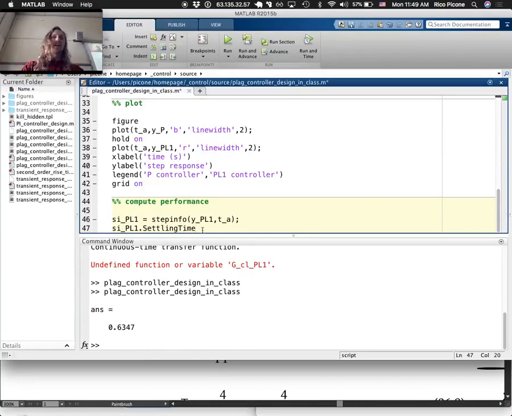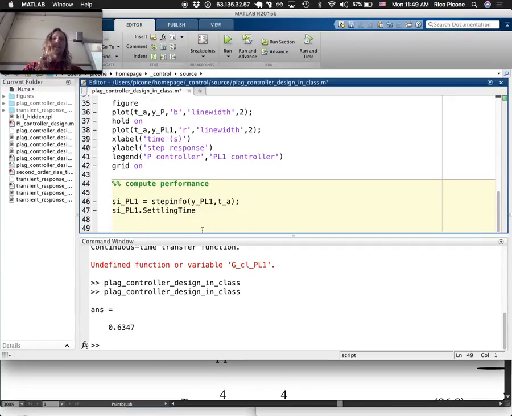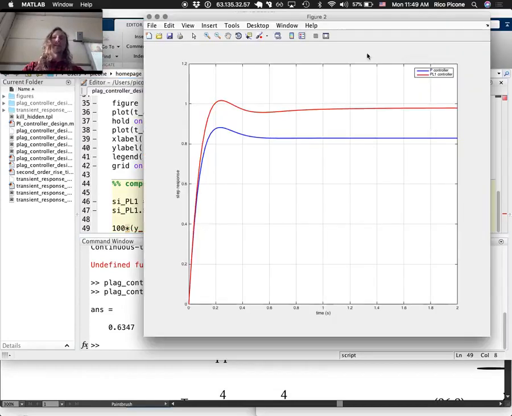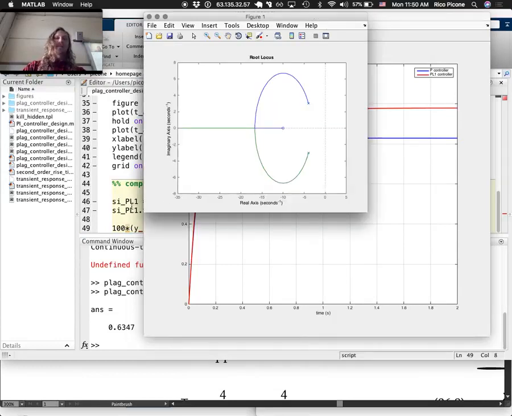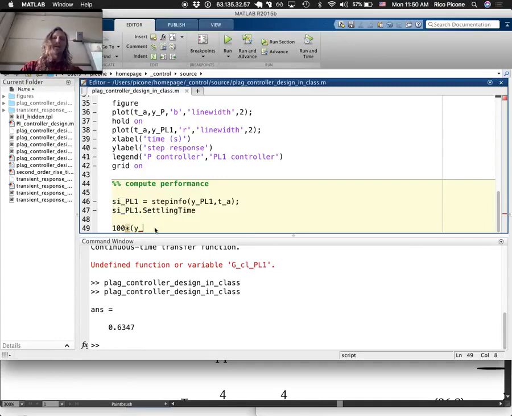And let's look at our steady state error. We can just directly compute that. I want to do it in percentage. So 100 times the last value in our step array. It looks like we're now getting to essentially a final value, so we can trust the last value in this step array. So y PL1 end.